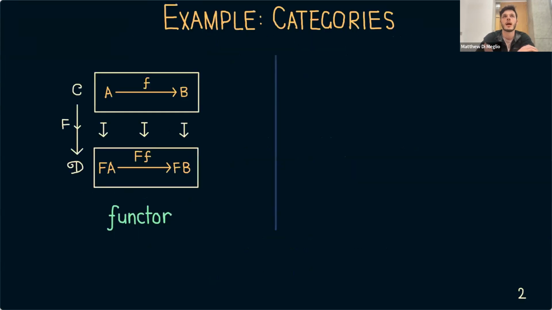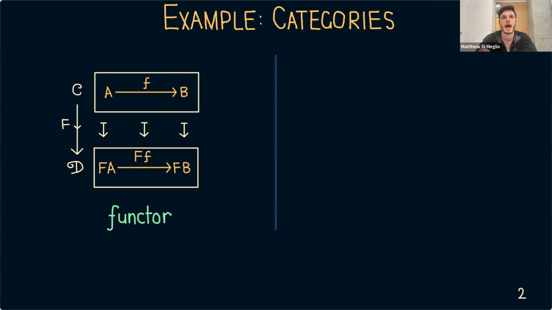The first example that we're going to consider is that of categories. The two components of a category that we're interested in are the objects and the families of morphisms between the objects. Functors are the morphisms between categories.